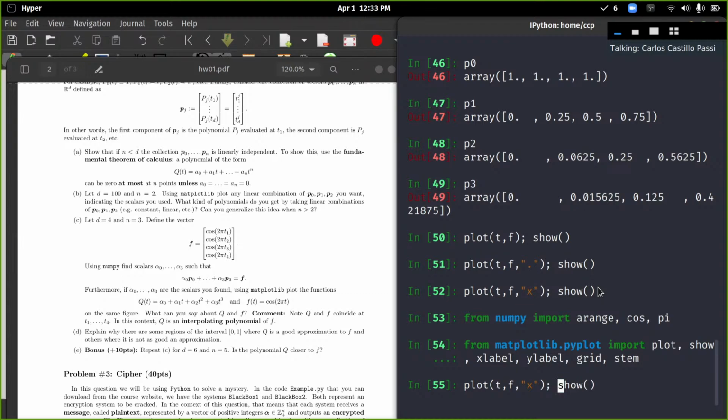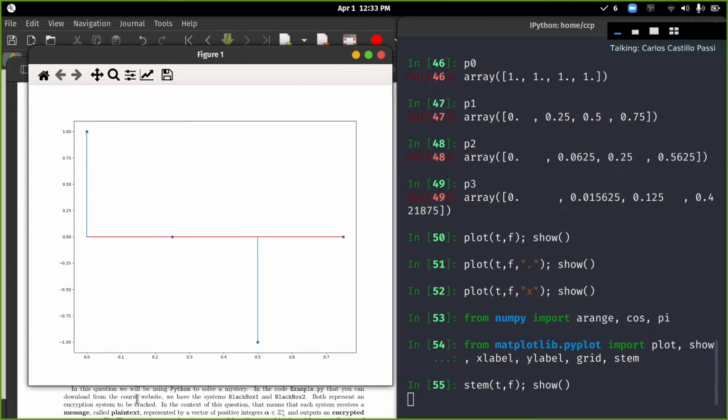So instead of plot, you can use a stem. And it's this. For example, 1, 0, -1, 0. And the red line, I think it's the imaginary part. The blue part, sorry, the real part is the blue dots.